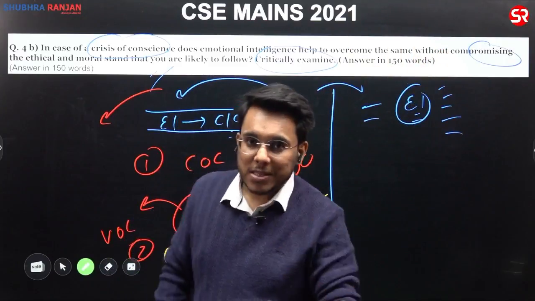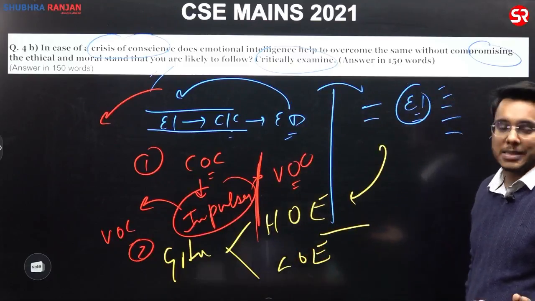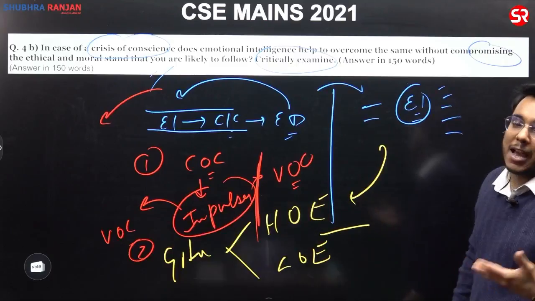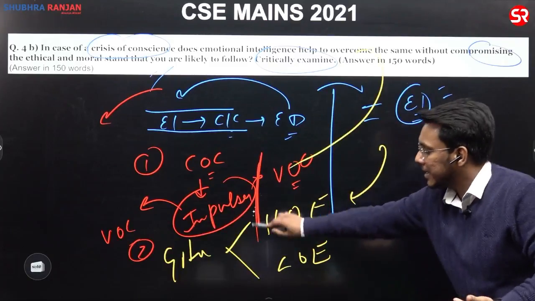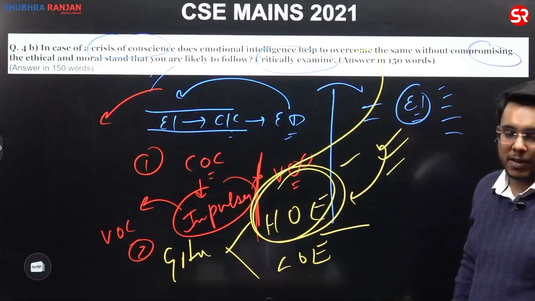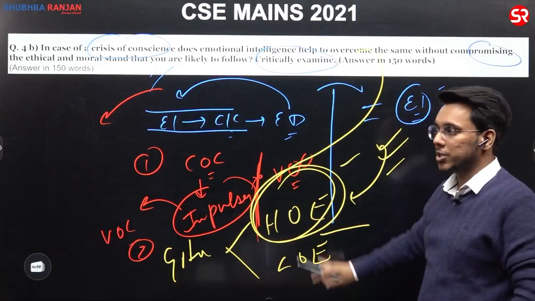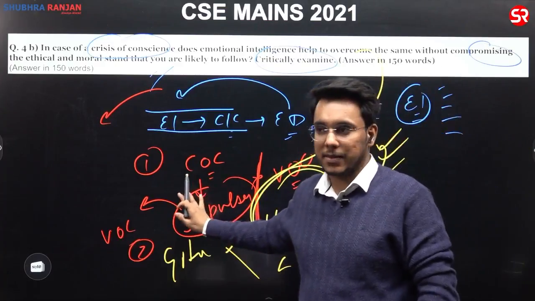So we always need to understand the lower order undesirable emotions and the higher order desirable emotions. A person having emotional intelligence can understand these desirable higher order emotions and act as per them. Is it clear? And therefore, in a situation of crisis of conscience, he will be ethical.